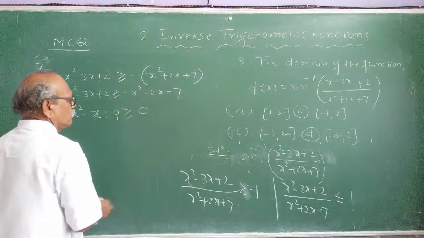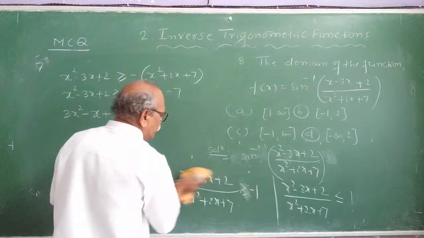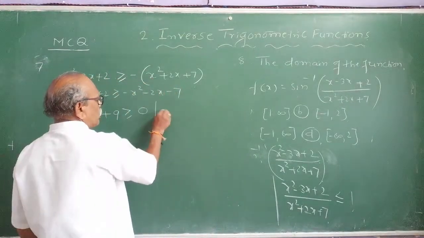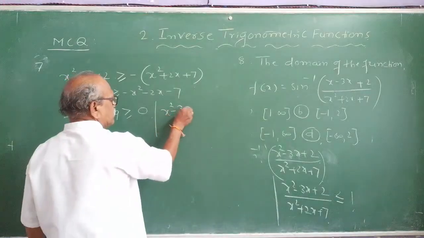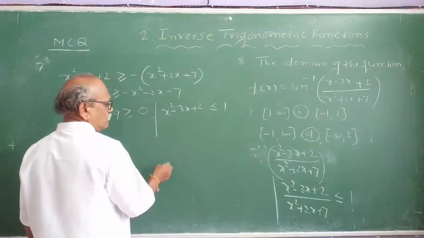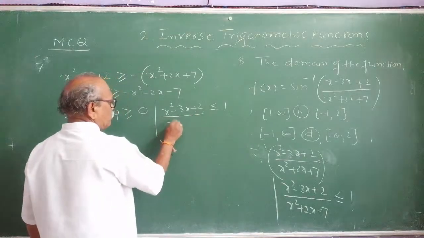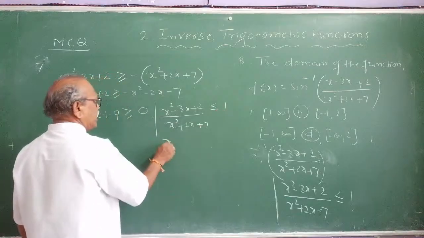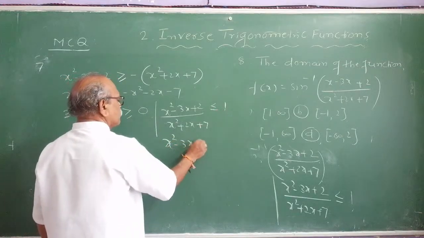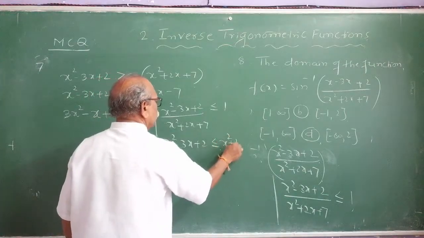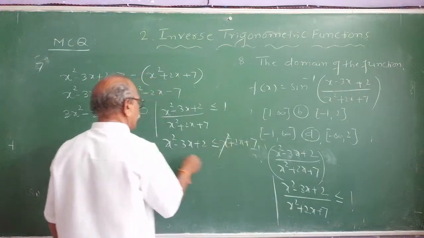And another value is, you can take x square minus 3x plus 2 upon x square plus 2x plus 7 less than or equal to 1. You can take x square minus 3x plus 2 is less than or equal to x square plus 2x plus 7. X square cancels.